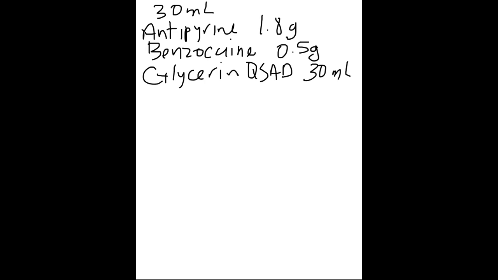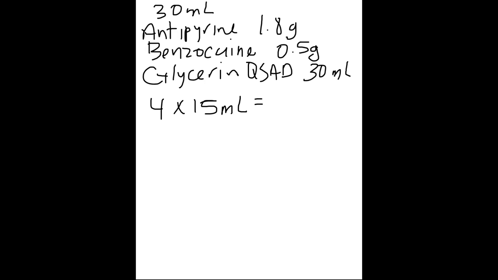And we want to make 4 syringes of 15 mLs. Okay, so we need to find out the total volume. So we're going to go ahead and multiply 4 times 15 to make enough.